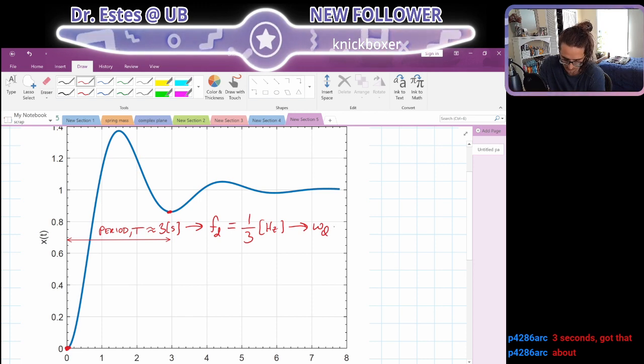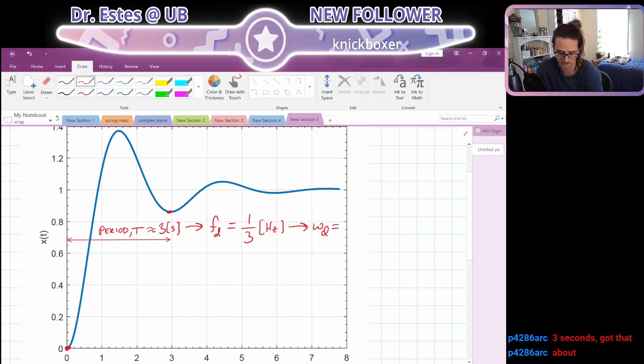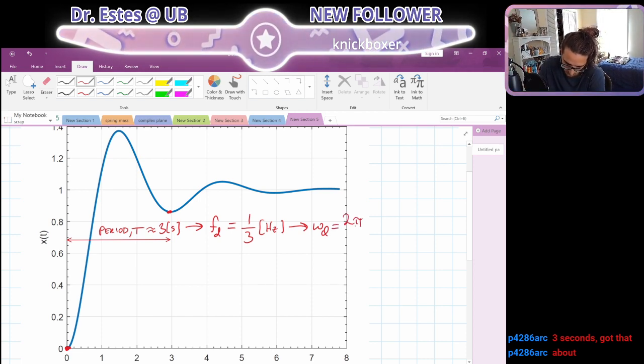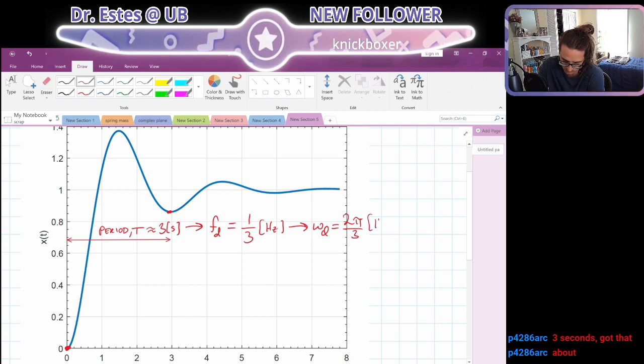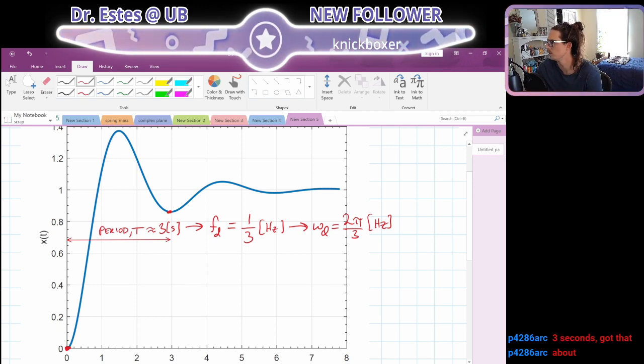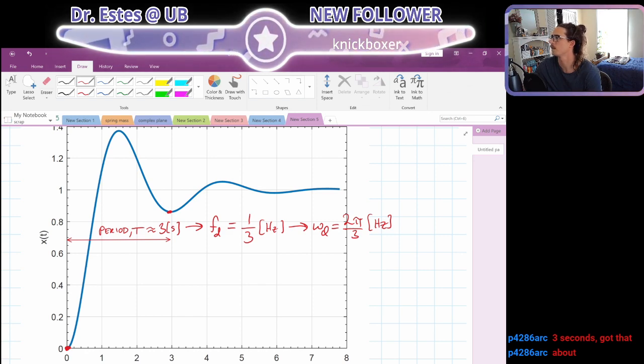That means that if I convert it to radians per second, you multiply that by 2 pi.